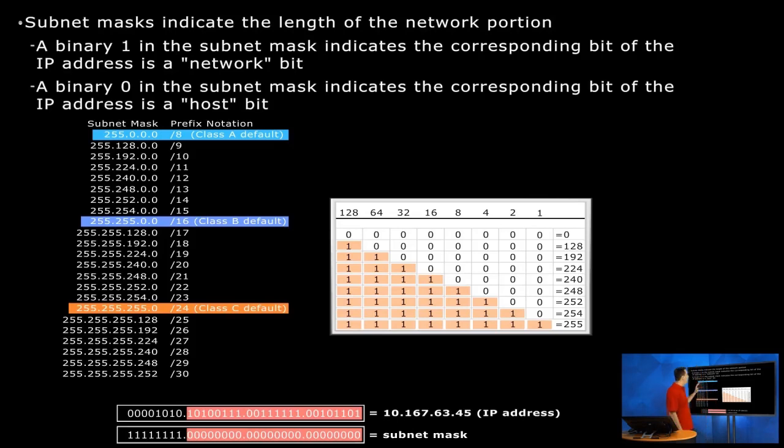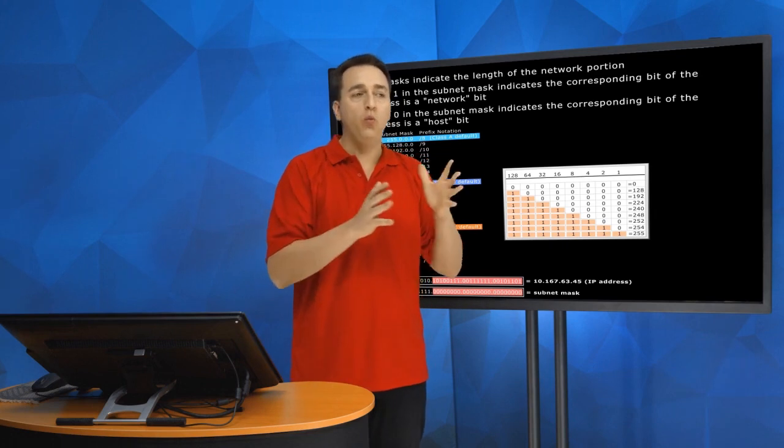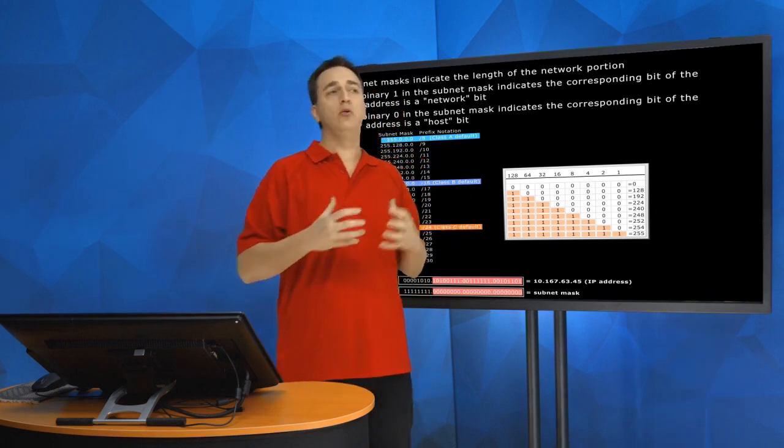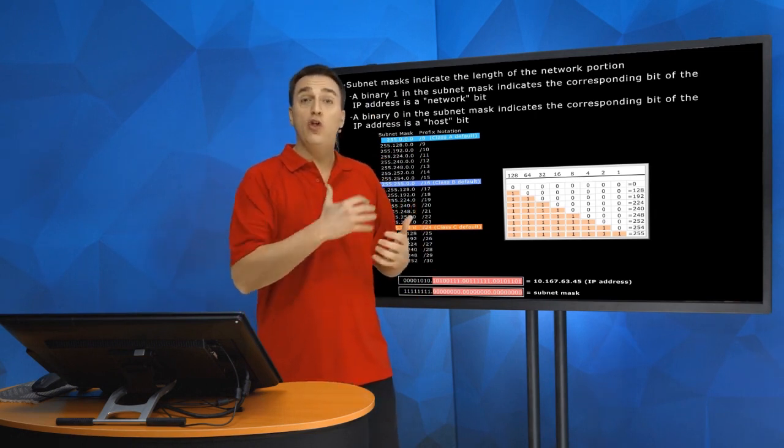If you have a 1 in the subnet mask, that's going to indicate that you have a network bit there. It identifies the network portion. So ones represent the network portion. Zeros in the subnet mask represent the host portion.